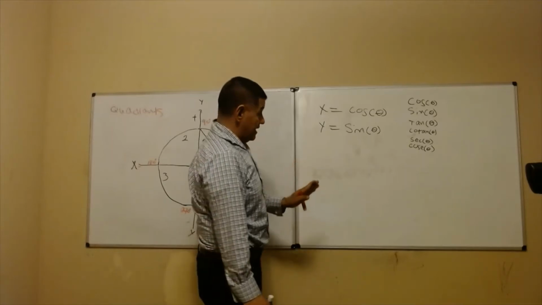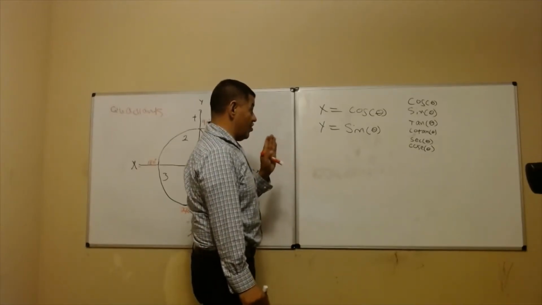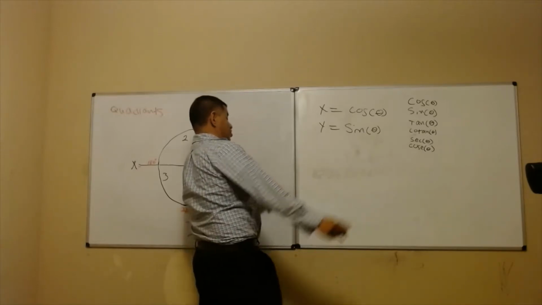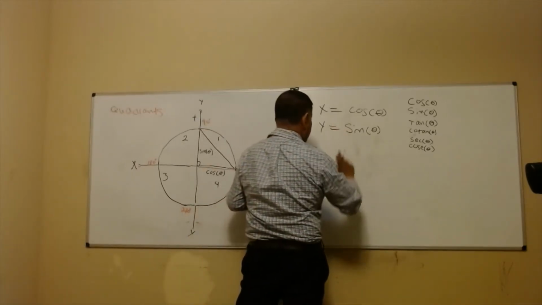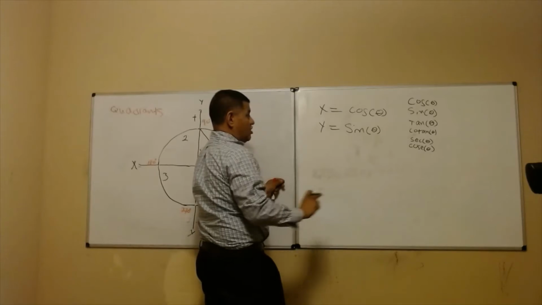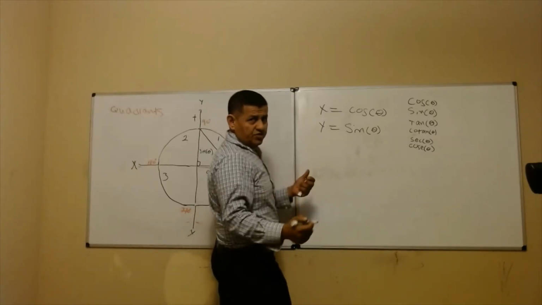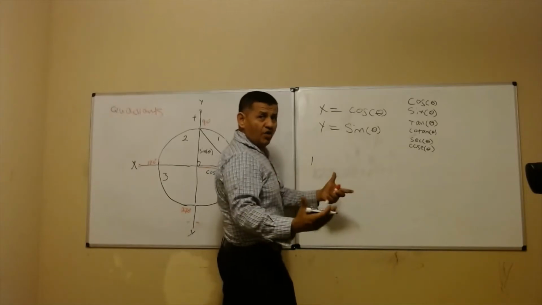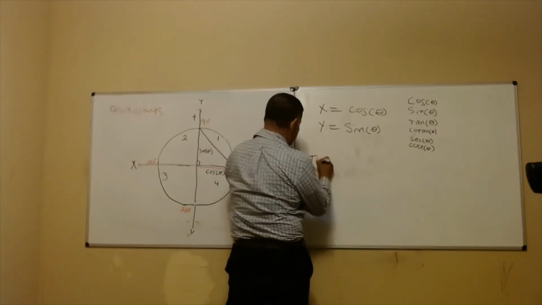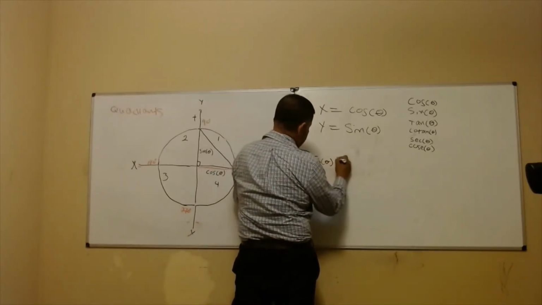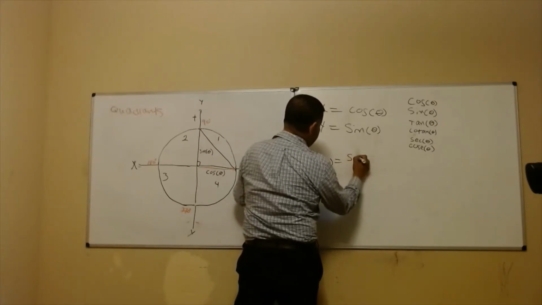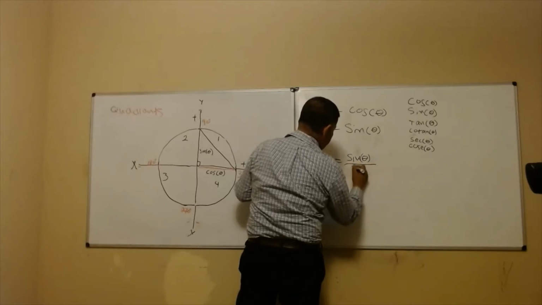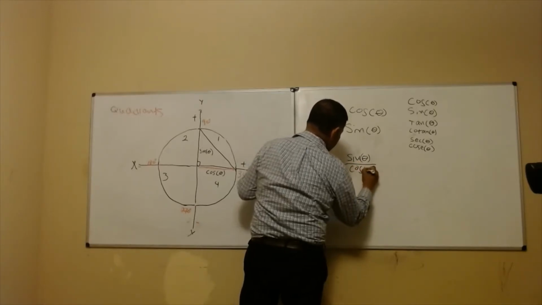But I want to just go by what is already there, right? Some of these functions are ratios of other functions. For example, tangent of theta is equal to sine of theta over cosine of theta.